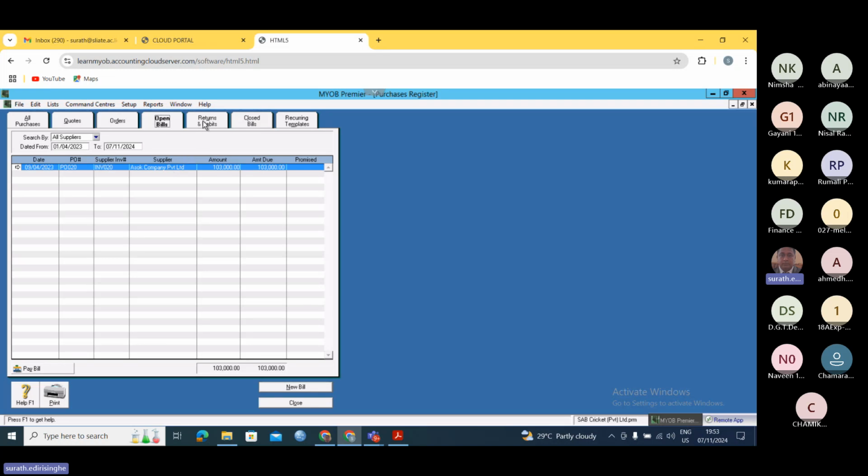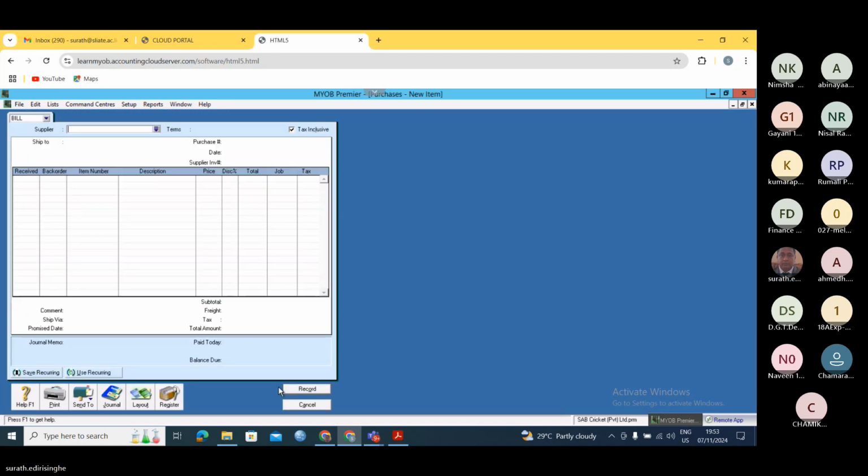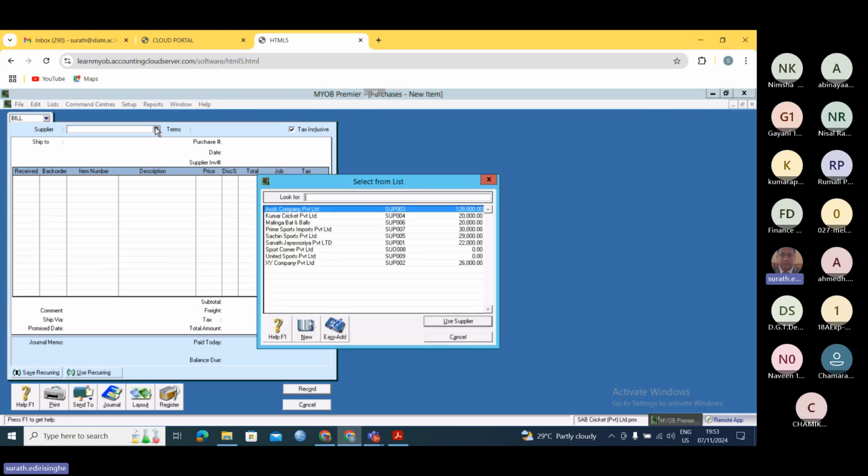Then go to the return. Okay, Jivanta? Right. Then how to return the item? First I click new purchase. Then in the bill mode, select your supplier Ashok.